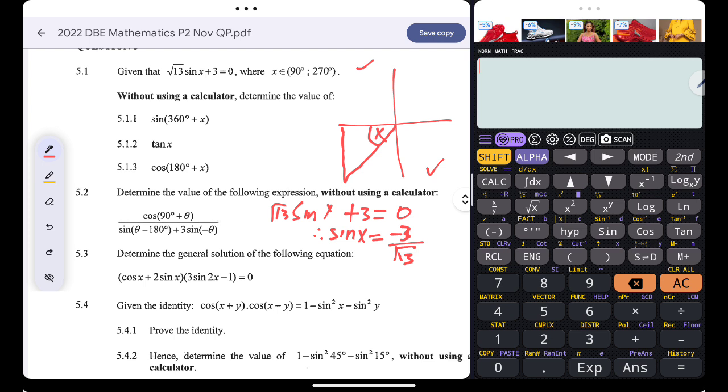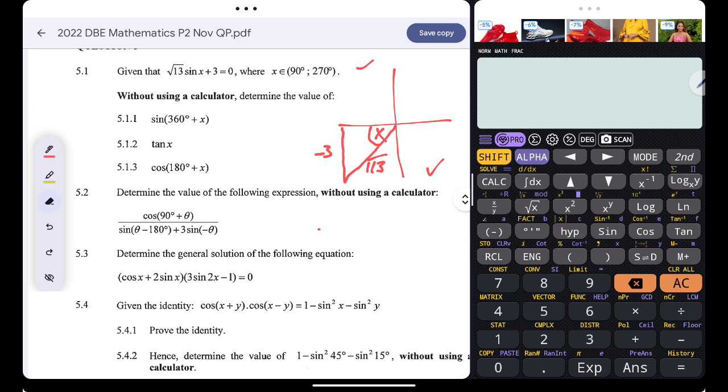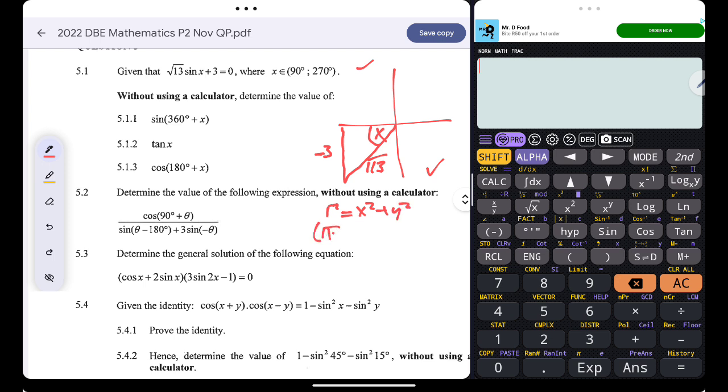Since I know that sine is opposite over hypotenuse, it simply means that y is negative 3, then the hypotenuse is the square root of 13. How can I find the adjacent side? I can simply use the Pythagoras theorem, whereby r squared is equal to x squared plus y squared. r is the square root of 13.